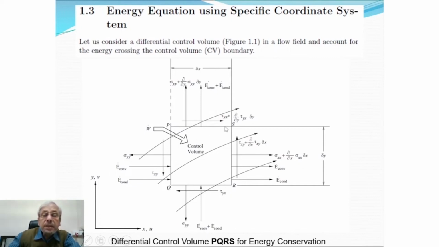And we are considering a control volume PQRS. This is basically an open system, and through this control volume, mass can flow and energy can cross. We will focus our attention on the control volume and try to get the energy balance on it.